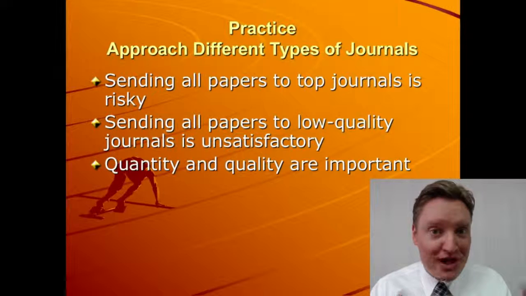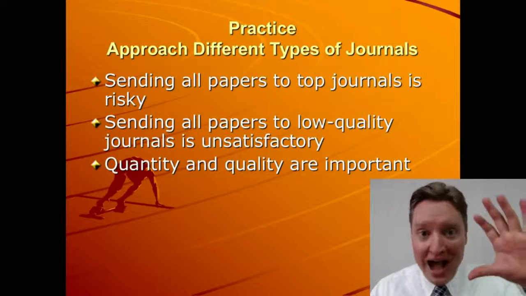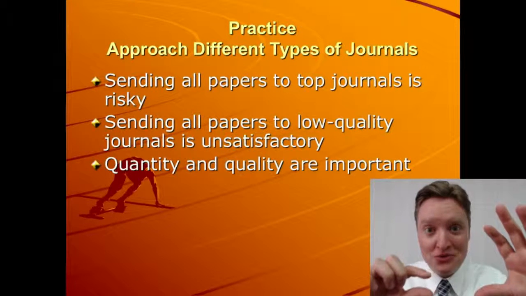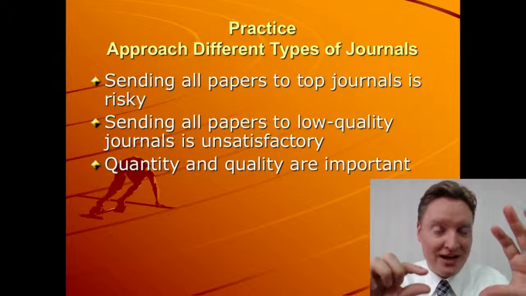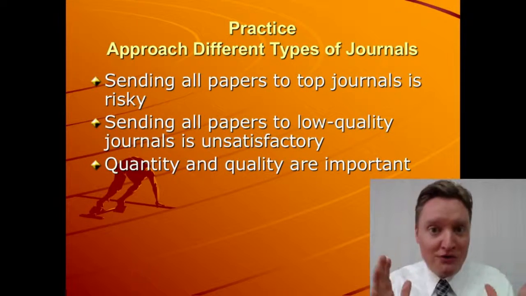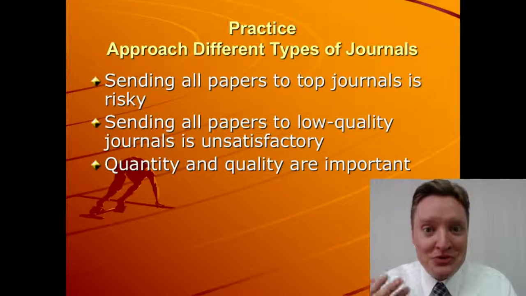One way you might try to manage it is finish one paper, send it to a high-level journal, and the next paper send to a lower-level journal so you can be sure that you get at least one article and can graduate on time, and then high and then low. If you send all of your papers to very top journals, they may all be rejected before you can get the paper you need to graduate.